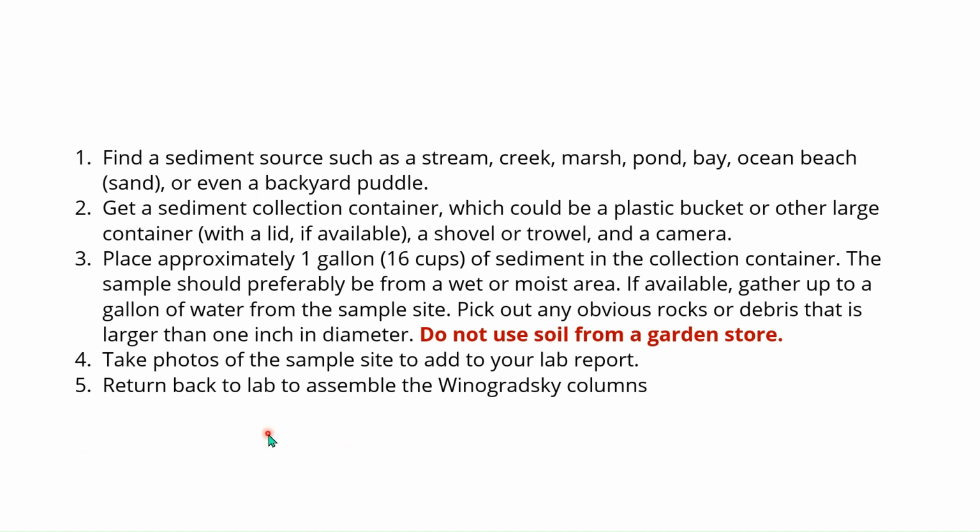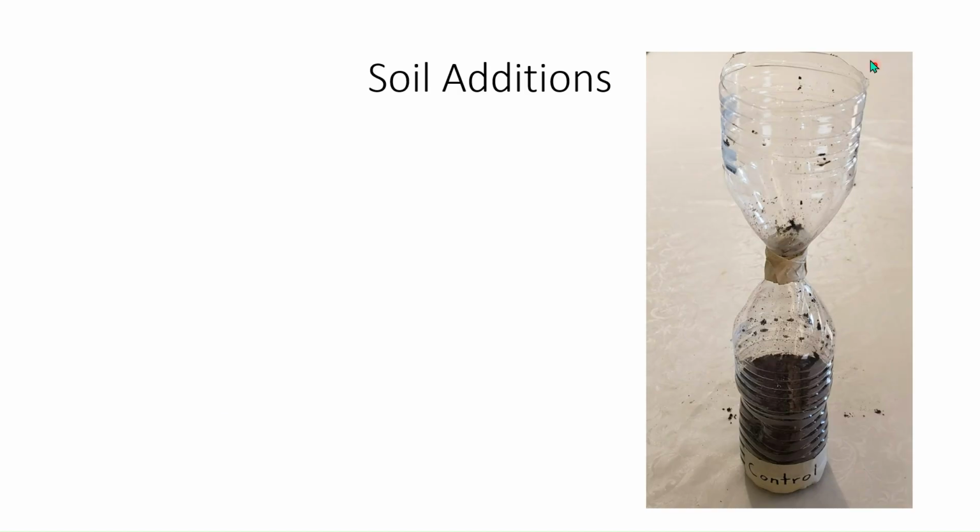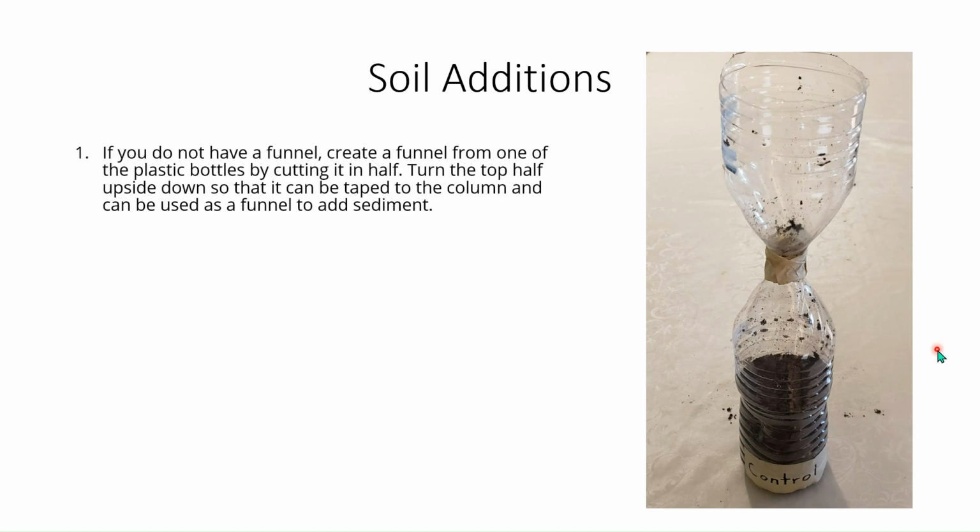All right, so you're going to return back to your home or your lab to assemble the Winogradsky columns. And this is what I meant by making your own funnel. So you're going to add your soil to each one of your columns. And if you didn't have a funnel, or if you prefer to do it this way, which I would, you're going to take that 5th bottle, cut it in half, invert it and tape it to the top opening there.